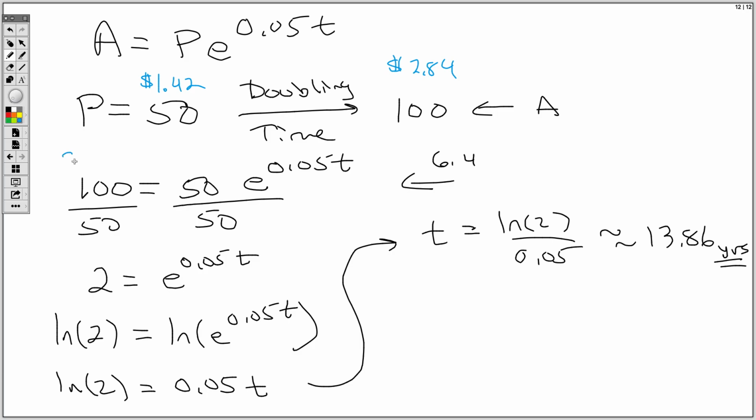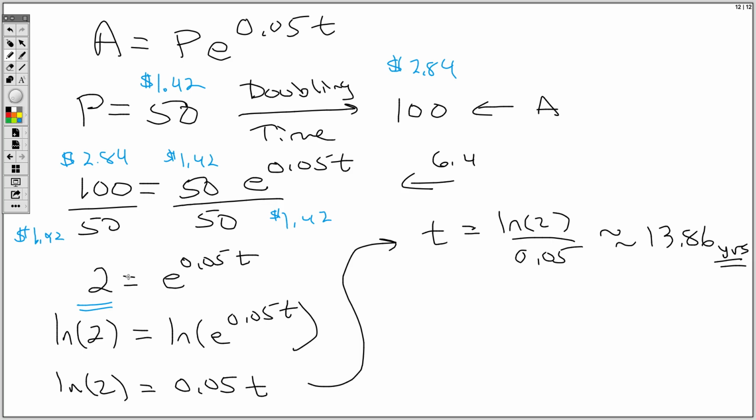So you'd have $2.84 is equal to $1.42 times e to the 0.05t. And then you would divide both sides by $1.42. And lo and behold, 2.84 divided by 1.42 is what, folks? It's 2 again. Okay?